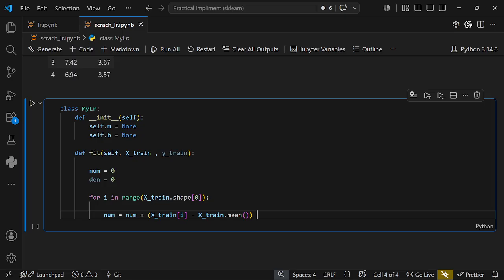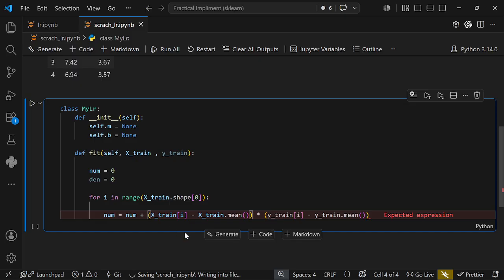So let's multiply this with y train i minus y train dot mean. This is the numerator: xi minus x bar and yi minus y bar. This is the numerator equation here.